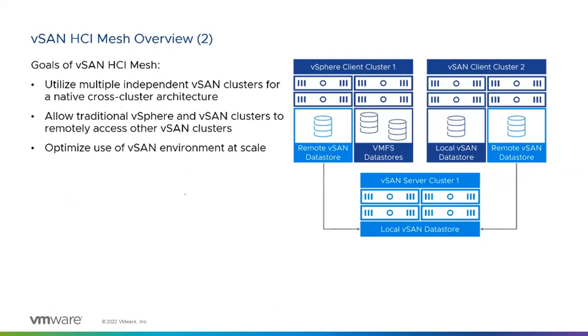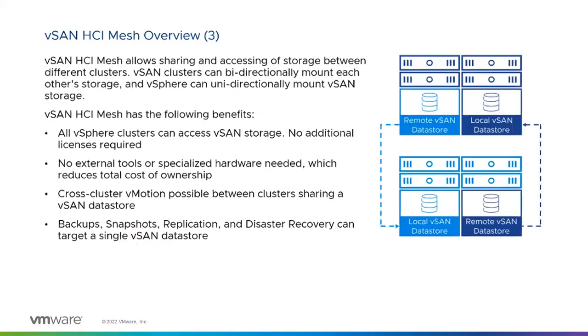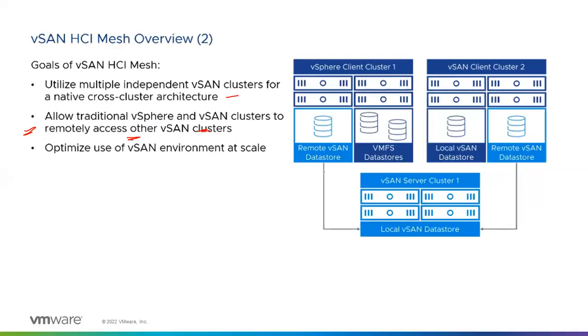The second topology is not actually a topology, it's just another feature. Multiple independent vSAN clusters, with a native cross-cluster architecture, allow traditional vSphere and vSAN clusters to remotely access one another and optimize the use of the vSAN environment at scale. In the previous topology, one cluster acts as a master, or server, and another as a client.